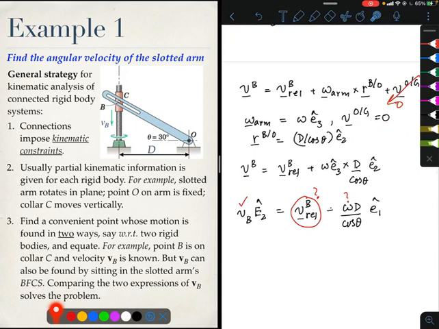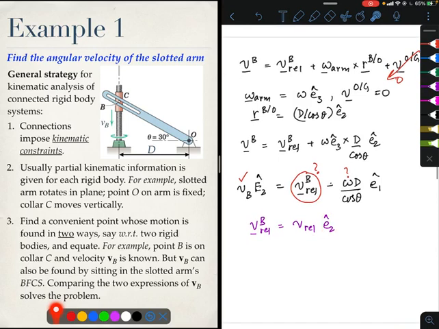So let's write this information down, that VB rel is actually some unknown V rel along E2. Notice what happened. This had two unknowns, but now I am saying I actually know the direction, so it has reduced from two unknowns to one unknown.